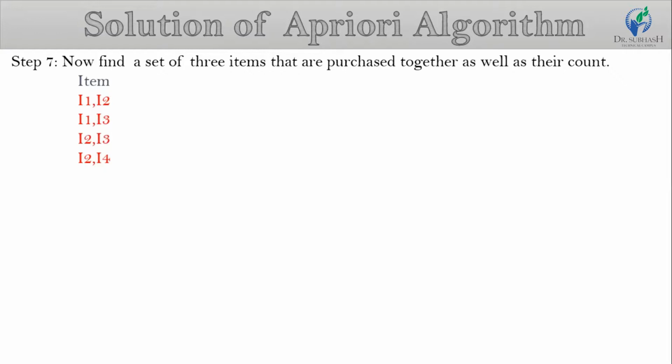Now, based on that table, we have created 3 item sets. For that, we start with the first item set and go to the last item. For item set I1, I2, we select only those item sets which start with item I1. So we have only one item set for that, like I1, I3.